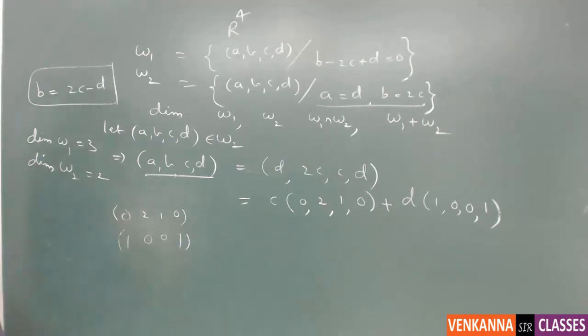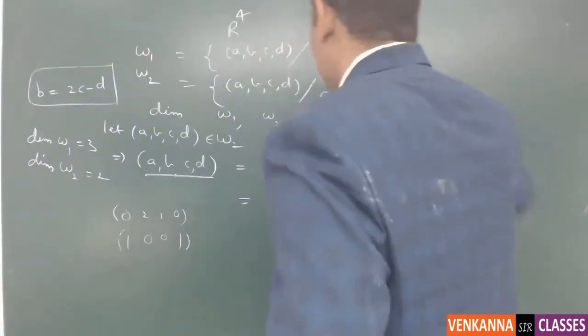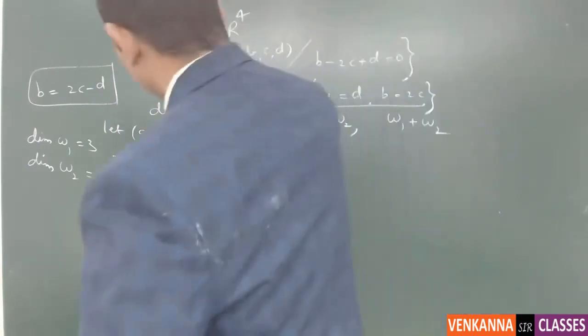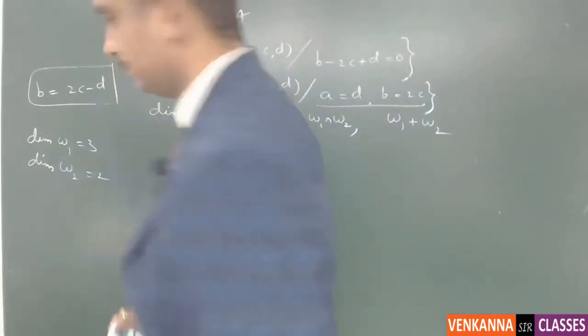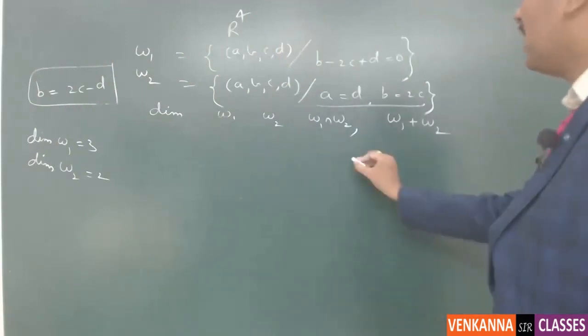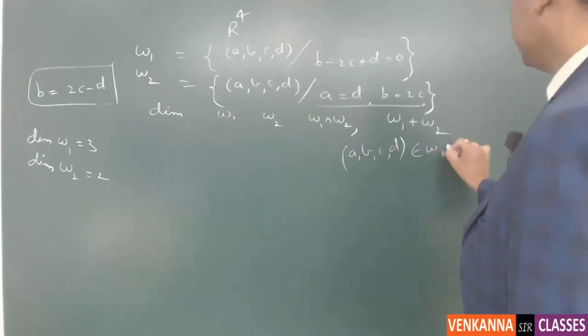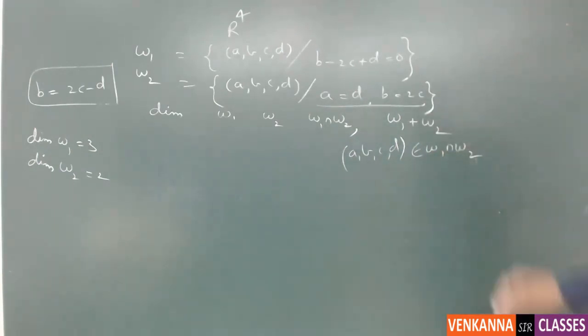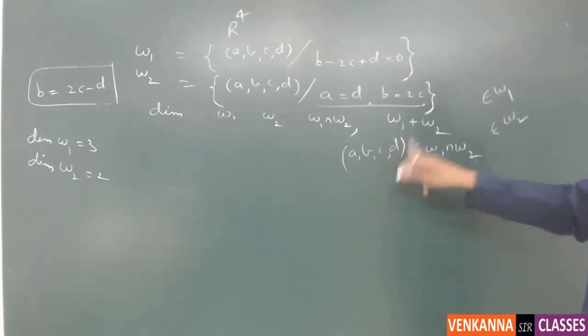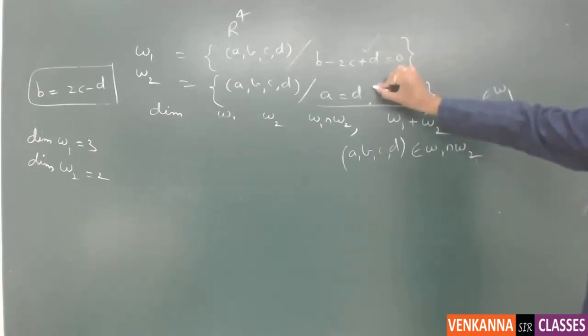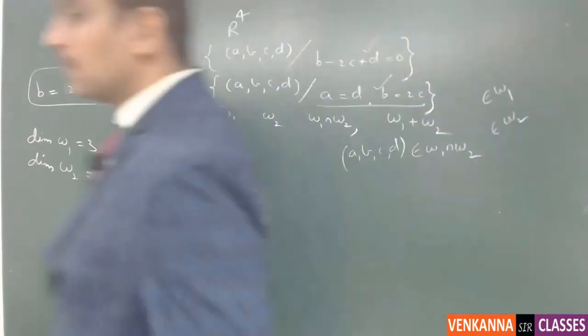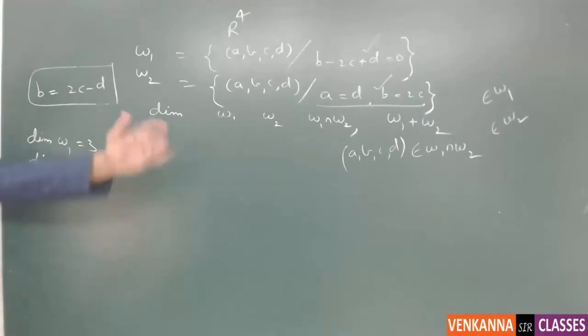Right. Now, I want to go with the intersection part. Whenever I take a vector ABCD in the intersection, it means that the value belongs to W1 and the value belongs to W2 also. It means that the coordinates A, B, C, D must satisfy the first condition as well as these two conditions. So observing those conditions, we have a pattern here.